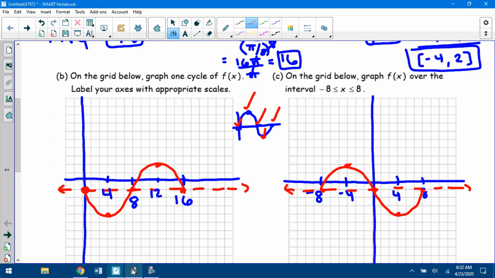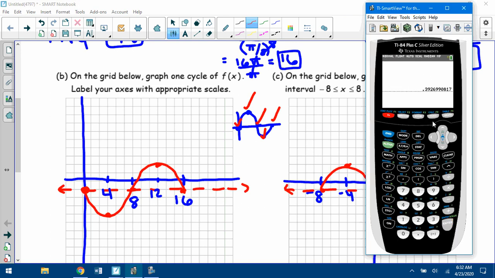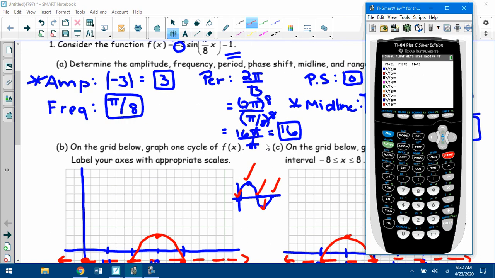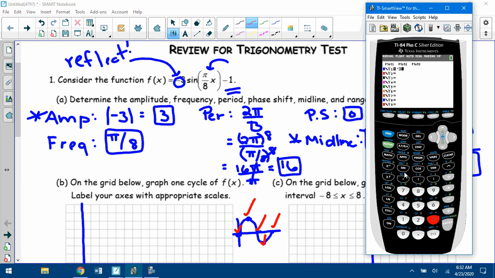Okay, and remember, you can always check too. So if I set up my original equation as -3 sine of pi over 8 times x minus 1, and make sure the mode's right. Remember, when we're graphing, we want to be in radian mode. Okay.